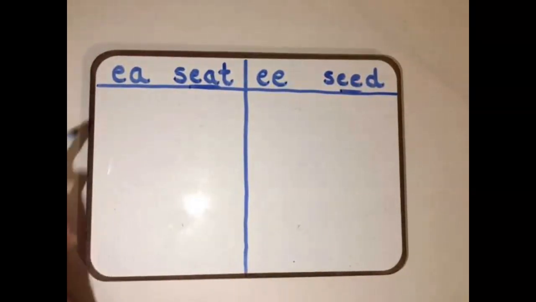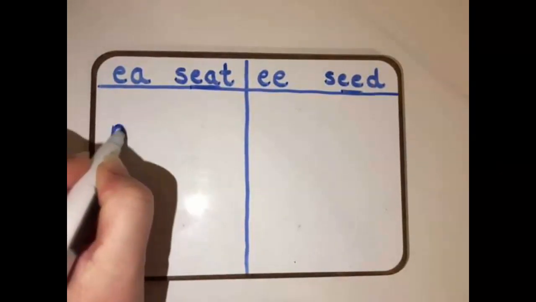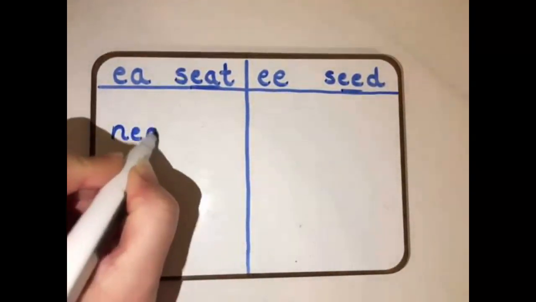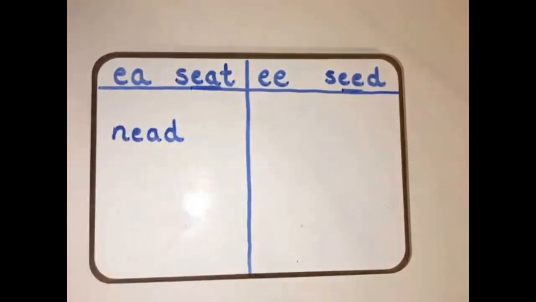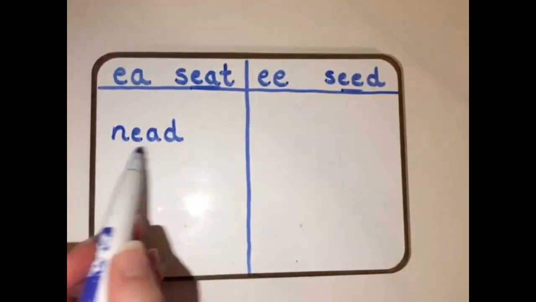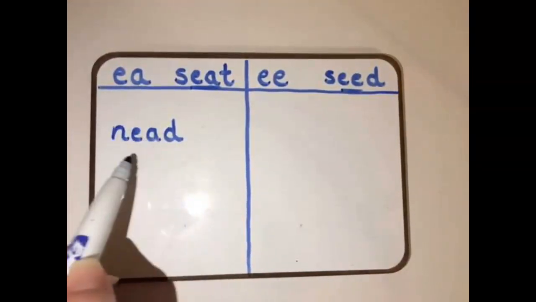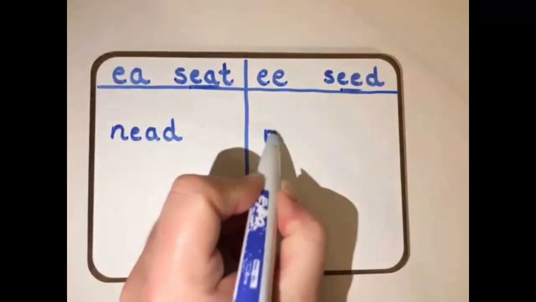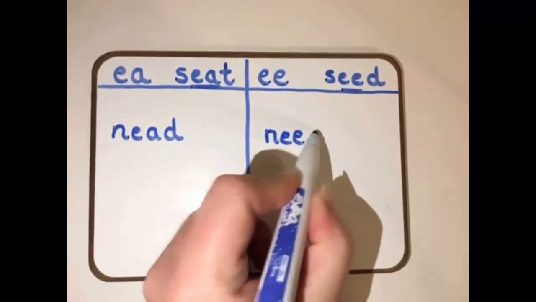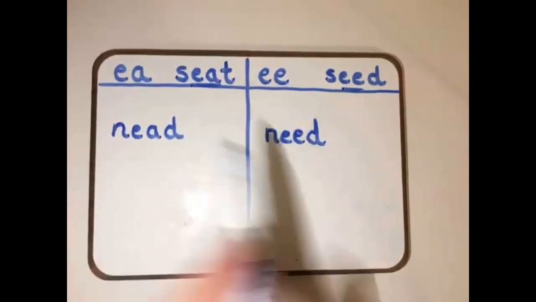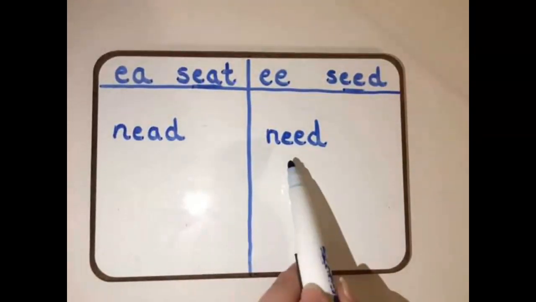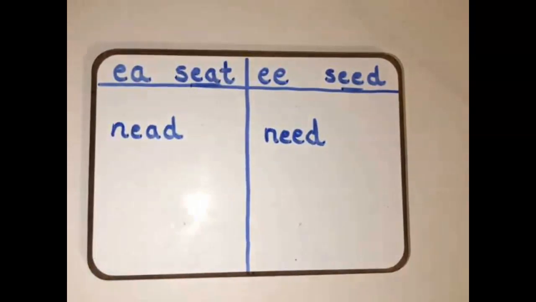All right, so if I try need over here, I need to write down my words. Does that look right, the E sound, EA in this word? Or need? Does it look right over here? A lot of what we do now is going to come from your memory.